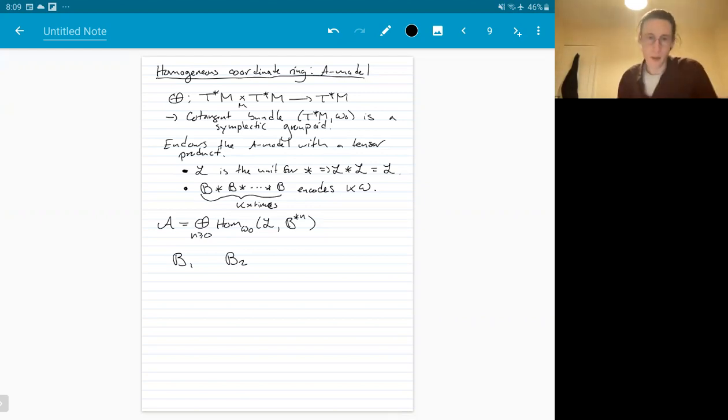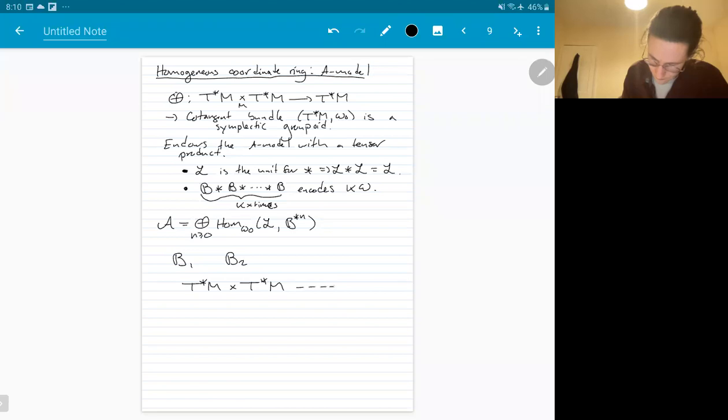The way that it works is that the direct sum, what I was saying just before, you can think of this as a Lagrangian relation between T star cross T star to T star of M. This is the direct sum.